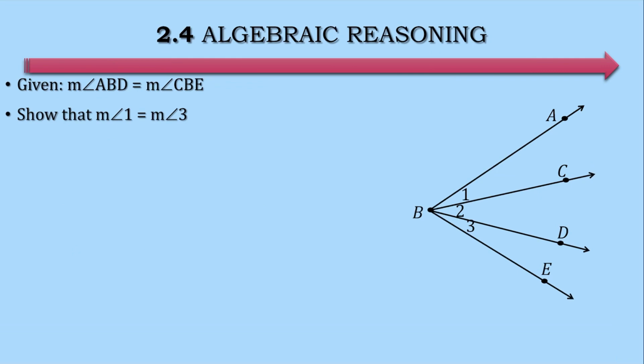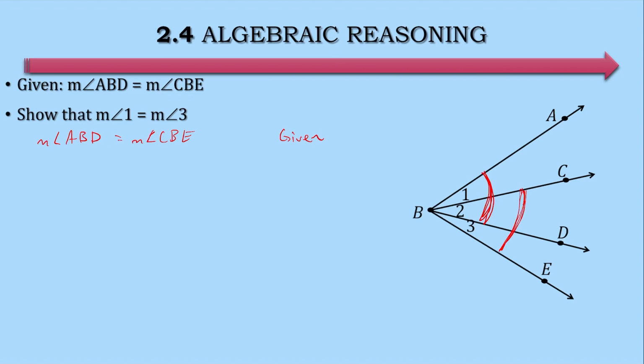All right, let's solve this equation. Actually, it's showing these angles are equal from the picture. So we're given measure of angle ABD, that's this combined, equals measure of angle CBE, that's these two. So we start off by writing what they gave us, and we say that was given. But then we look at this and we say, what?